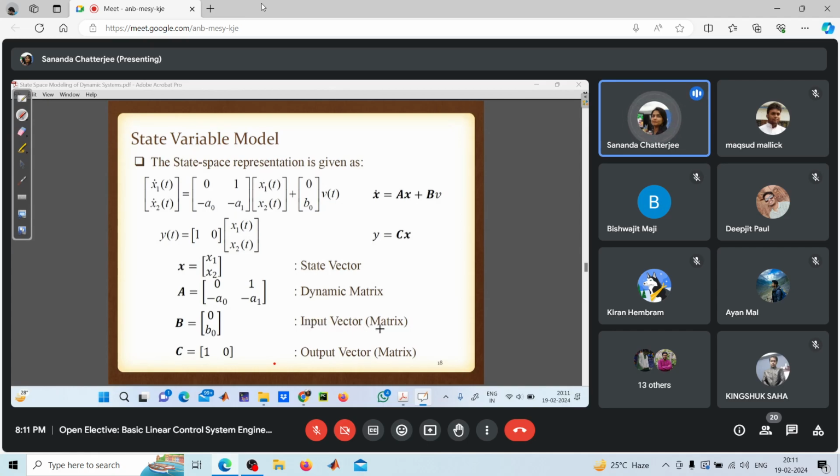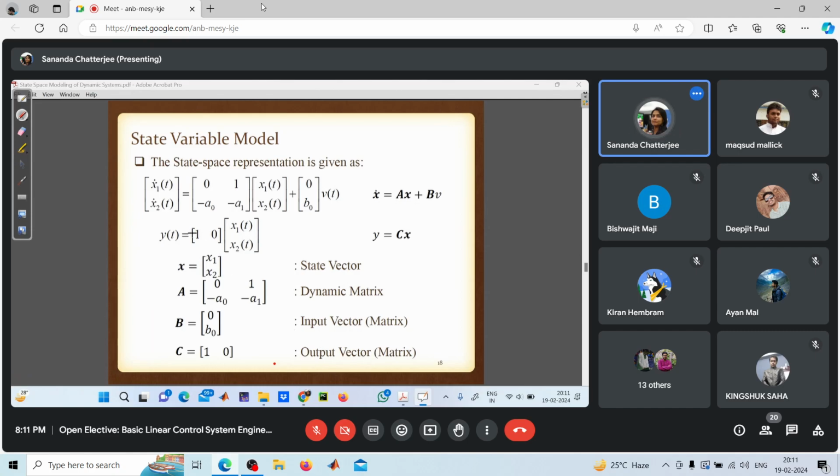In this case this is a vector because there is only one input, but please note that if there is more than one input involved, in that case this will also be of different order. Do you agree? Yes, ma'am. So therefore it will be a matrix, and this C is the output vector or output matrix.